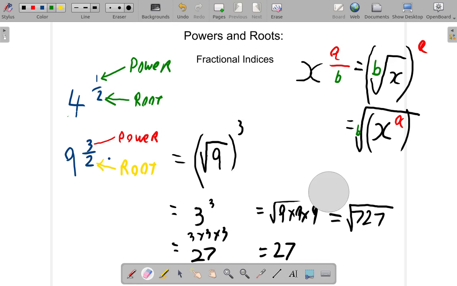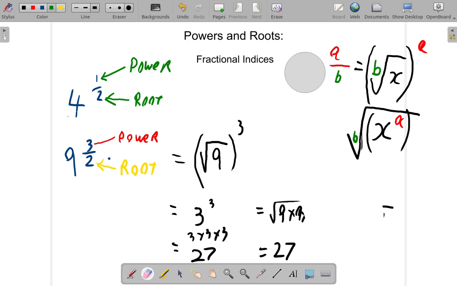Let me erase some of this. This looks a little tight here. Let me redo this part. Finding the b root of x. a is the power, b is the root. Let me write a little bigger too. Remember, you must clearly write the power as a superscript.